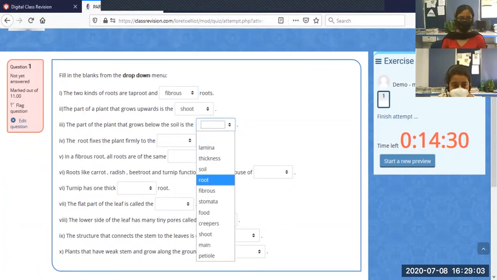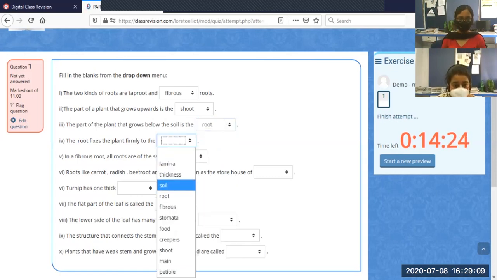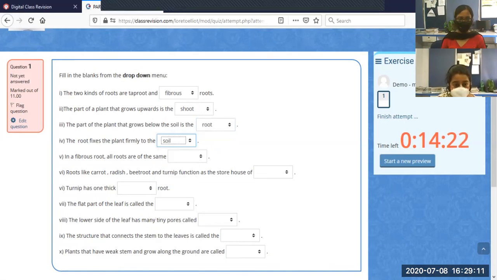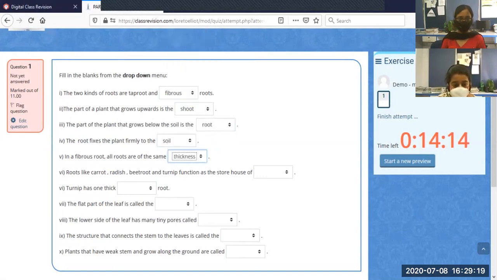Very good. The root fixes the plant firmly to the soil. Very good. In a fibrous root, all roots are of the same thickness.